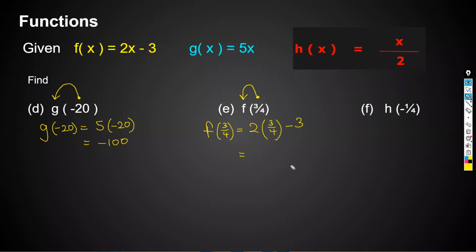So there are two ways you can go about this. You can just type it in straight on your calculator, or if you want to do the primary school way like this, right? 2 into 2 is 1, 2 into 4 is 2. So you end up with 3 divided by 2, which is 1.5, minus this guy here, 3. So you get minus 1.5 or minus 3 on 2 or minus 1.5.